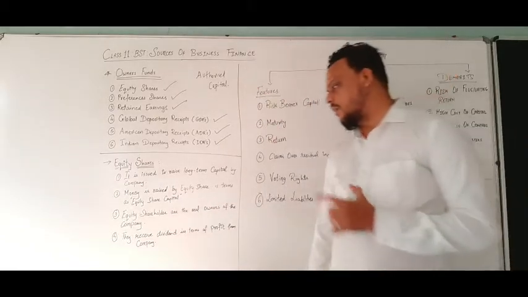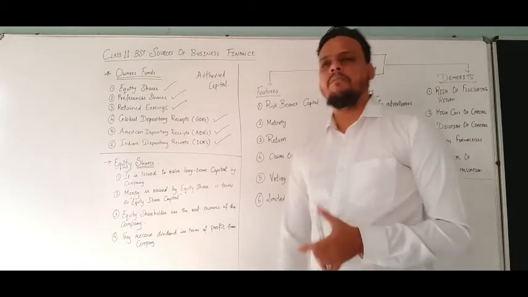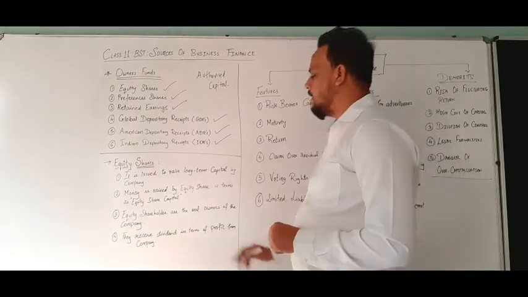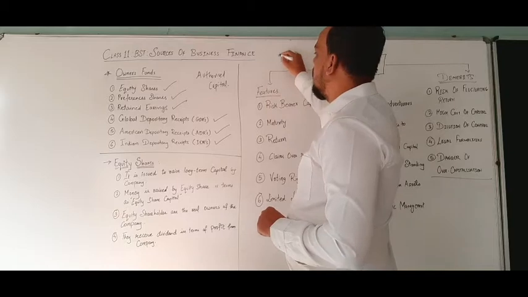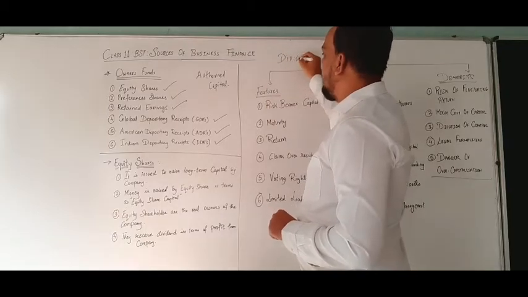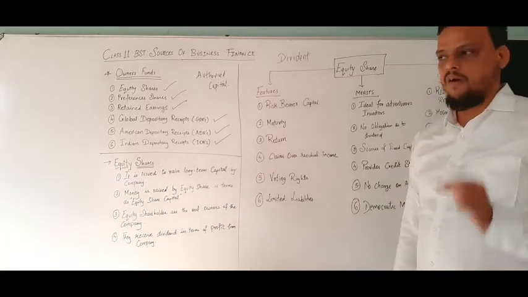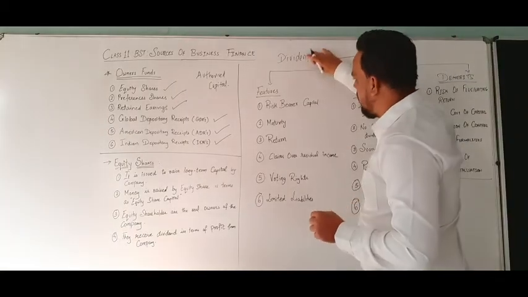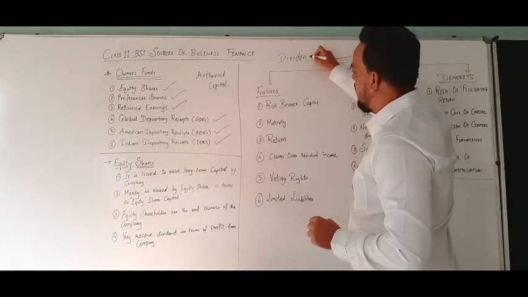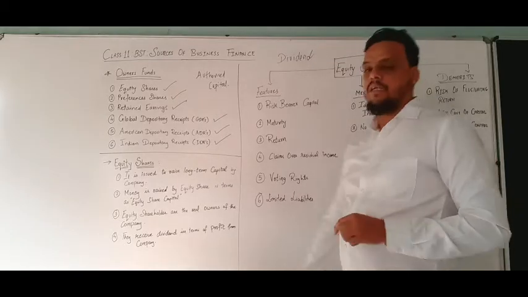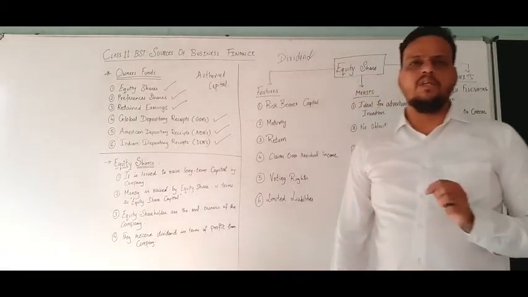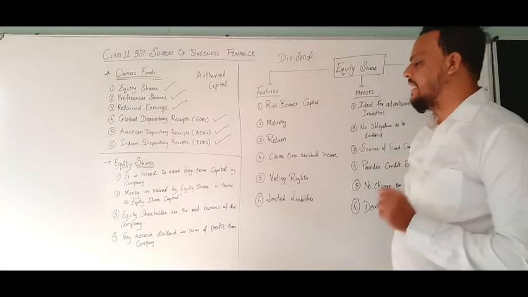Be careful with the word dividend. Many times I have seen that students write it incorrectly, with a wrong spelling. Dividend has to be written carefully, with D being there at the end.